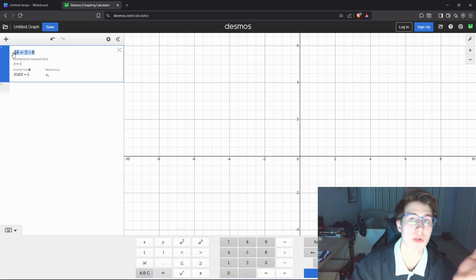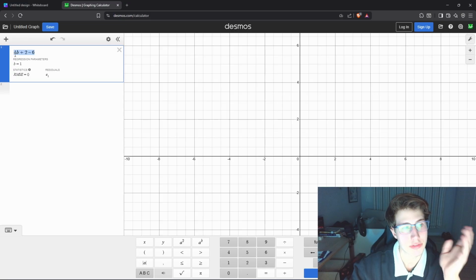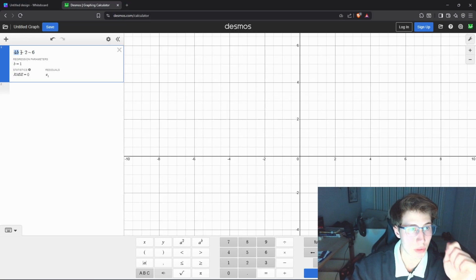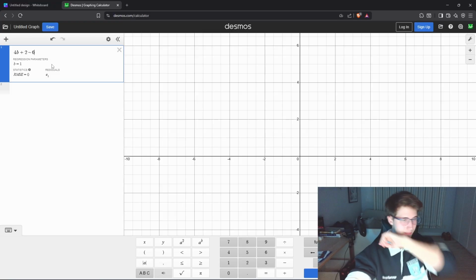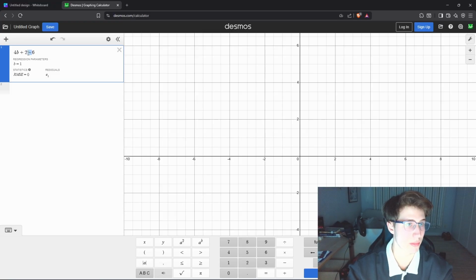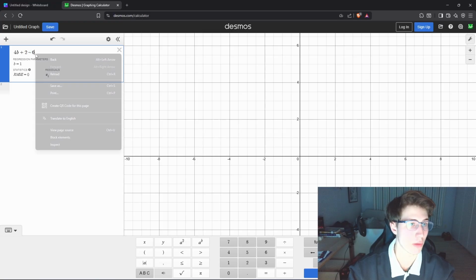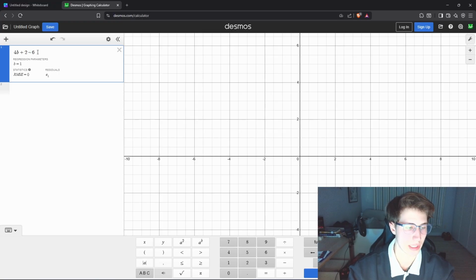So for this equation to be true, b would have to be equal to 1 for 4b plus 2 to be equal to 6. The regression symbol essentially acts like an equal sign, and it tells Desmos that the person writing this wants you to find out what the value of this constant is.